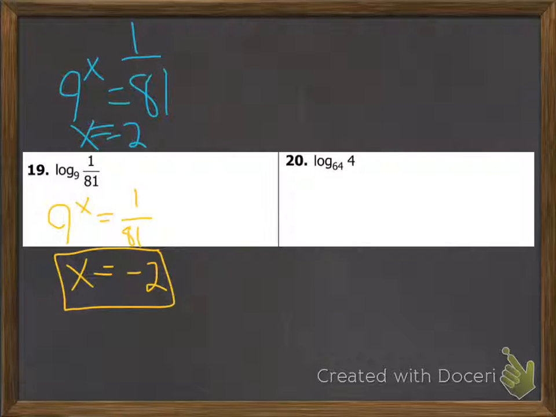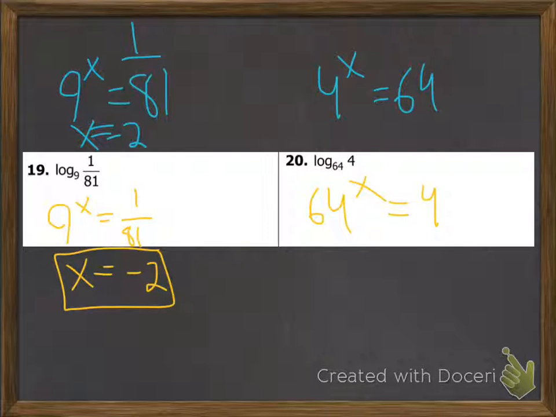So now, last example, number 20. We're going to have a base of 64. I don't know the exponent, and it's going to be equal to 4. So with this one, we kind of have to do a little bit of reverse action here, because 4 raised to what power would get me a 64? Well, you should know that that number would be 3.